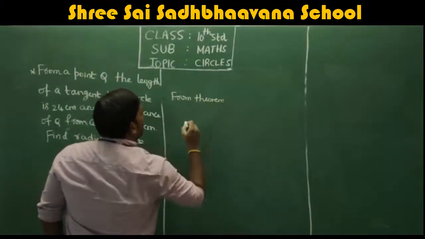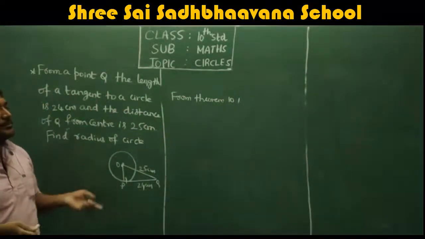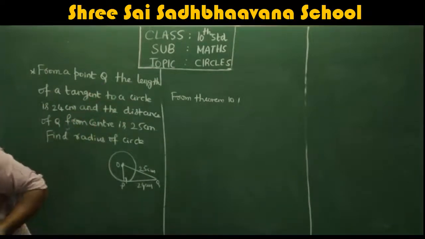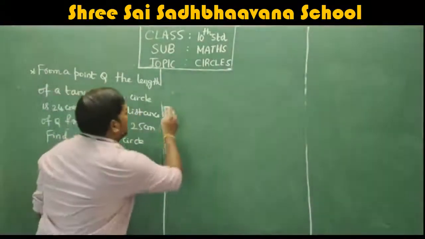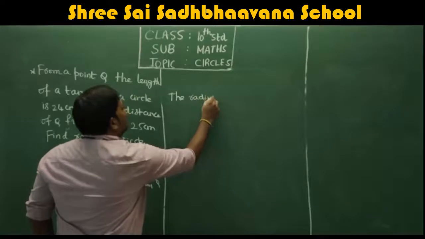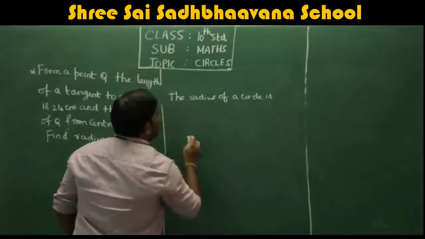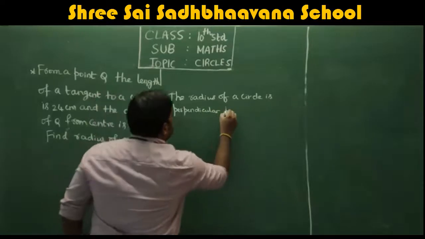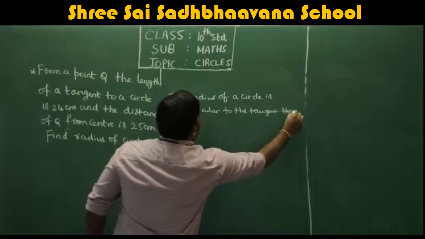Sometimes you write it as 'we know that', or you can write like this: the radius of a circle is perpendicular to the tangent through the point of contact.